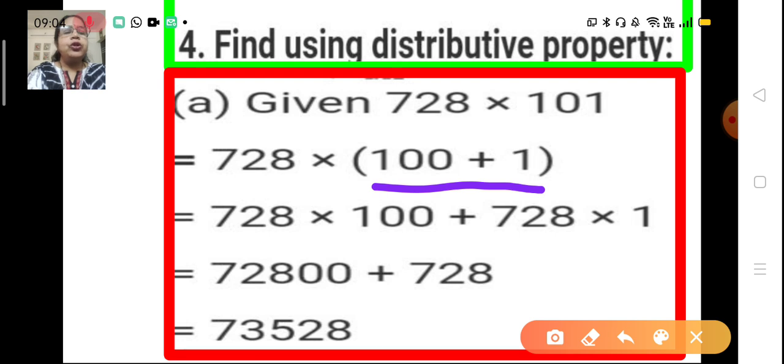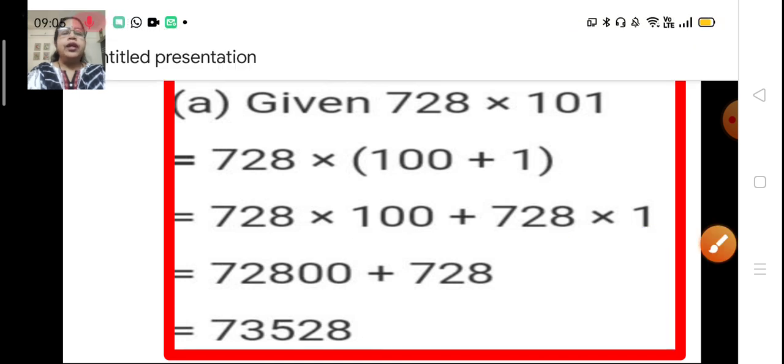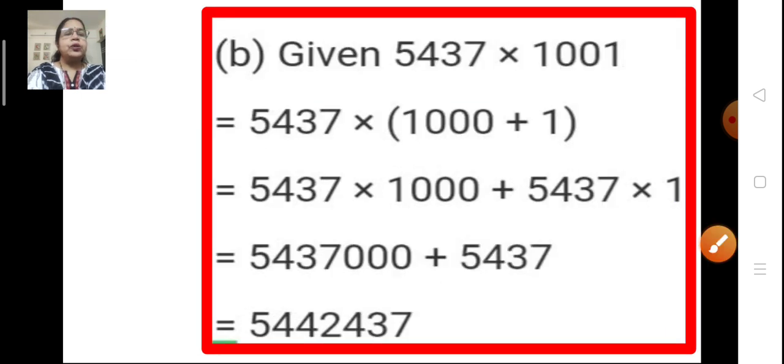Now, using distributive property and multiplying 728 by 100 and 728 by 1 and adding them, we get 73,528 as the answer. We have solved many of such problems while doing the previous exercises also.